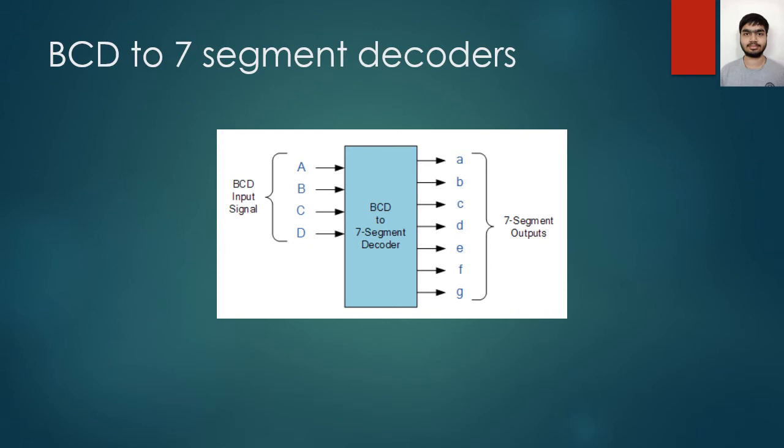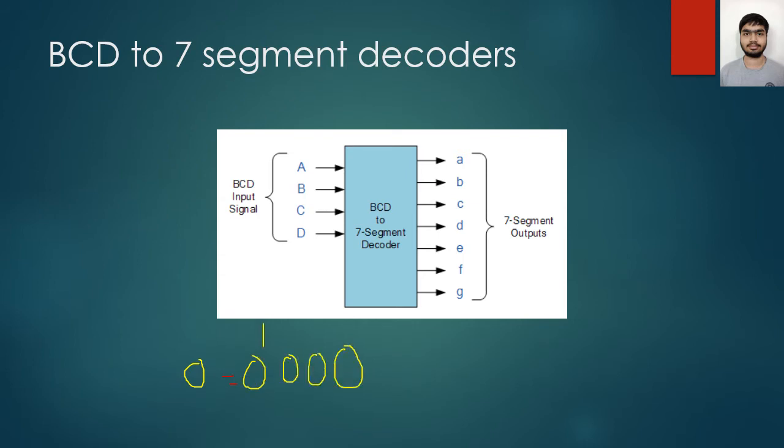So what is a 7 segment decoder? We have seen that each decimal number is represented as binary numbers. For example, 0 is represented as 0000.